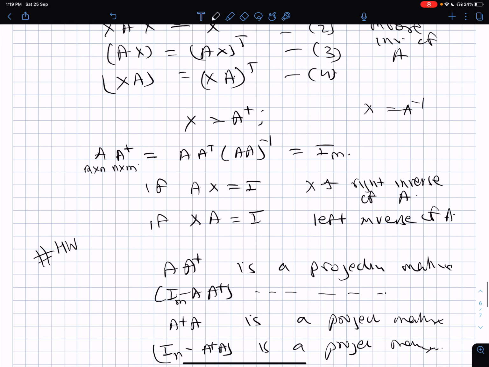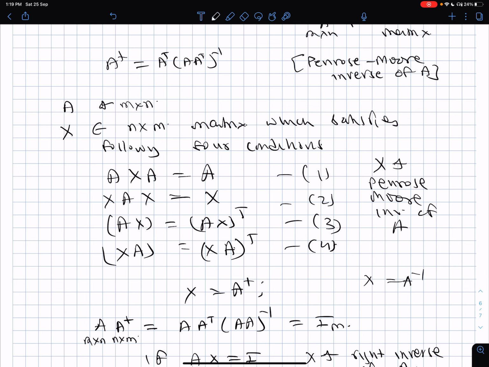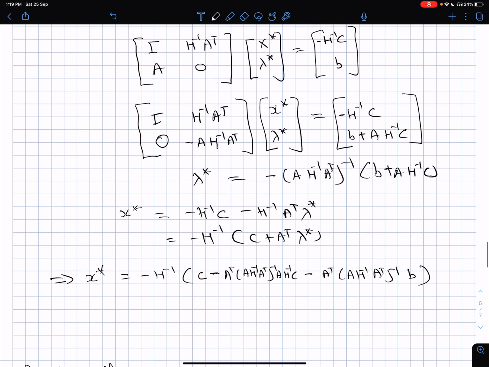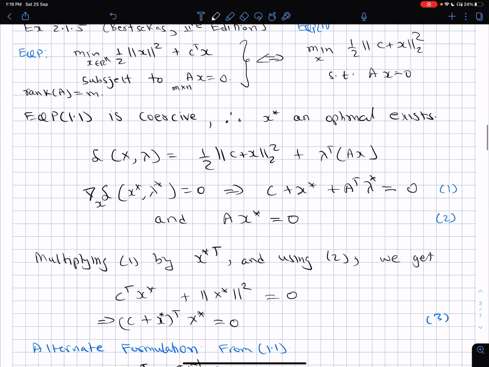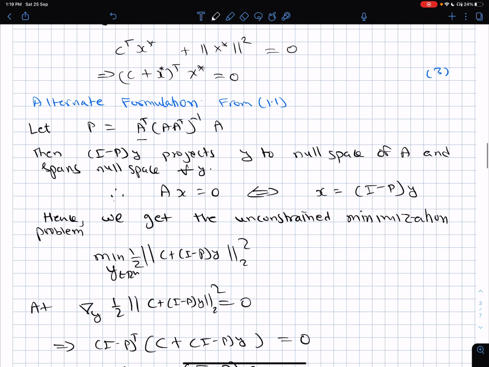Just a minute, I just want to be sure. No, I have not written anything wrong, everything is in order. Let's come back and look at this projection matrix.